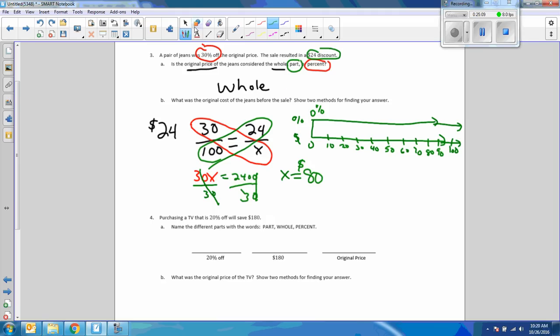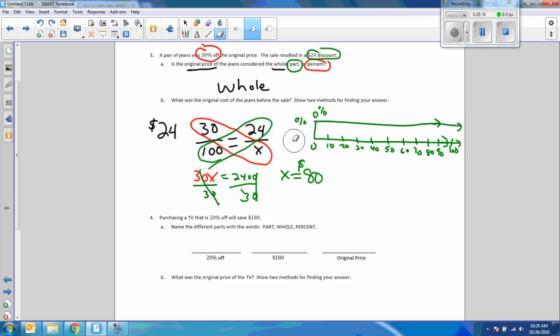Okay, so let's switch these since I don't want to rewrite all this. So let's make this percent down here, and make this dollars. So in order to figure this out, we know that 30% was $24. So right here, I'm going to put 24.